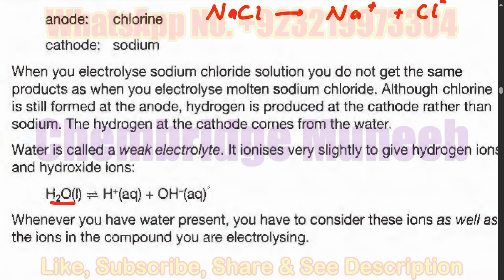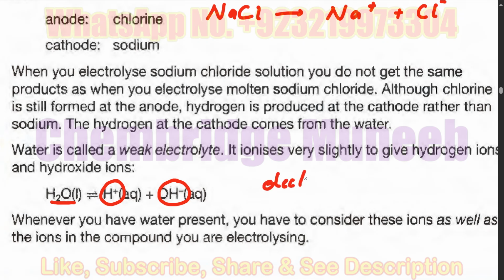The water has 2 parts, the hydrogen ion and the hydroxide ion. There are 2 components in a water molecule. So you will always get hydrogen ions and hydroxide ions when the water is ionized when electricity is passed through it, in other words, the electrolysis.